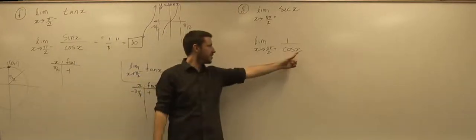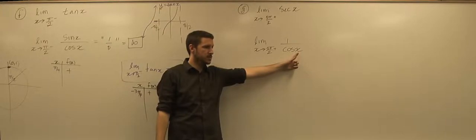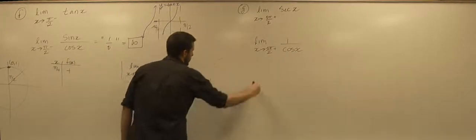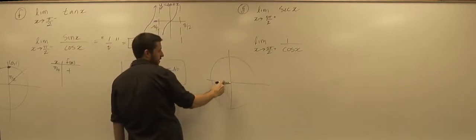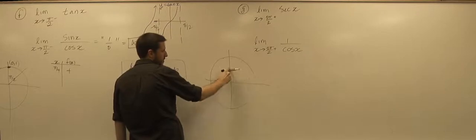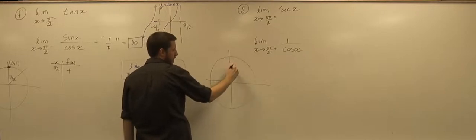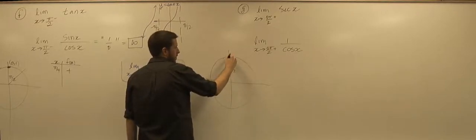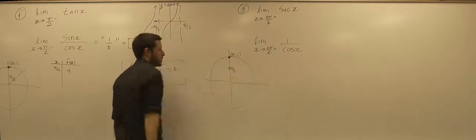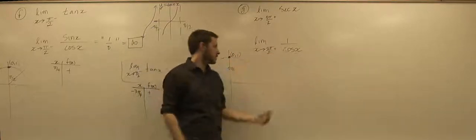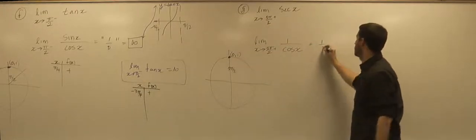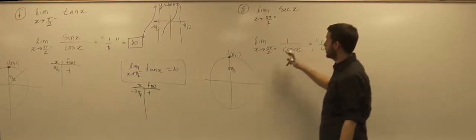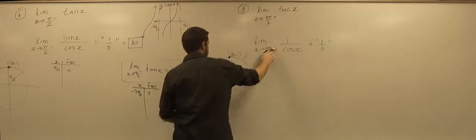Realize when you plug in 5 pi over 2 to cos x, what do you get? 0. Here's 1 pi over 2, 2 pi over 2, 3 pi over 2, 4 pi over 2, 5 pi over 2. It lands right back here. So cosine is 0, so this will be 1 over 0. So some sort of infinity, but we need to focus on the positive side.